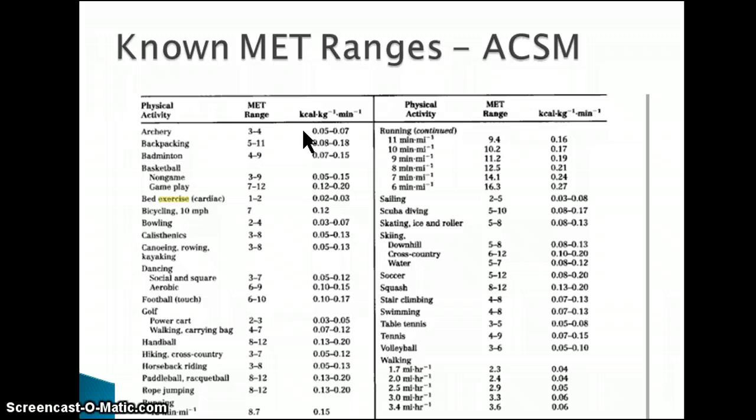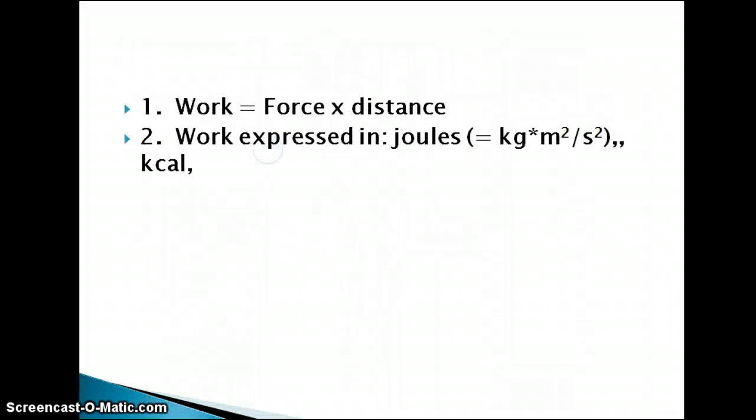And again, you can tell that that's a pretty wide range, right? Because 8 times 55, that's going to be 440, whereas 12 times 55, that's 660. So that's still a pretty wide range. So again, this is just a guideline and really nothing more.